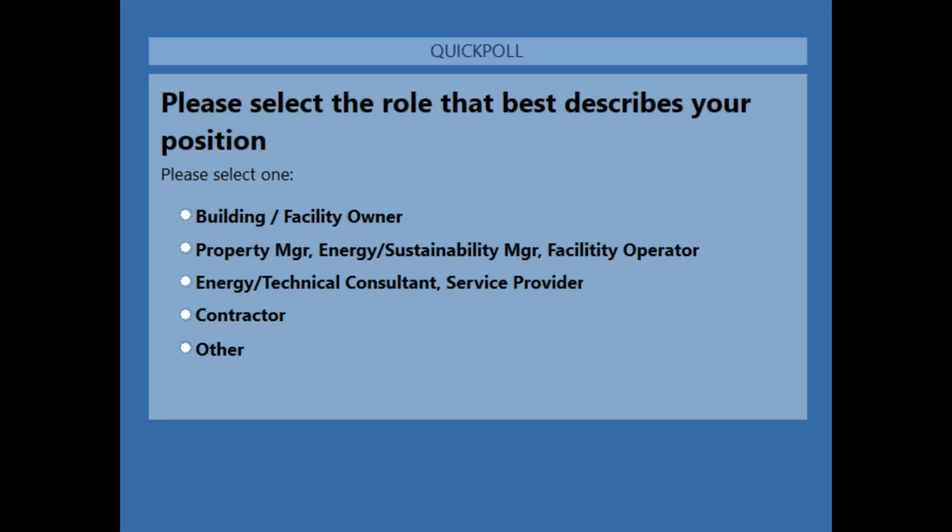The poll is now open. We'll leave it open for about another 30 seconds to a minute, and then I'll close it out and share the results with everyone. Great. And I will throw out there, I'm sorry if I did not capture all particular roles or positions, but I'm eager to see who we have here.